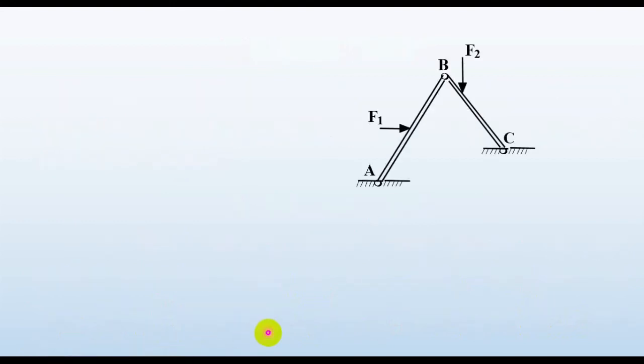To have an example for this, if we have two members like this, AB as a rod and BC as the other rod, both of them are connected at this point. And once they are connected at this point, the internal forces don't appear, because this is one body all together.